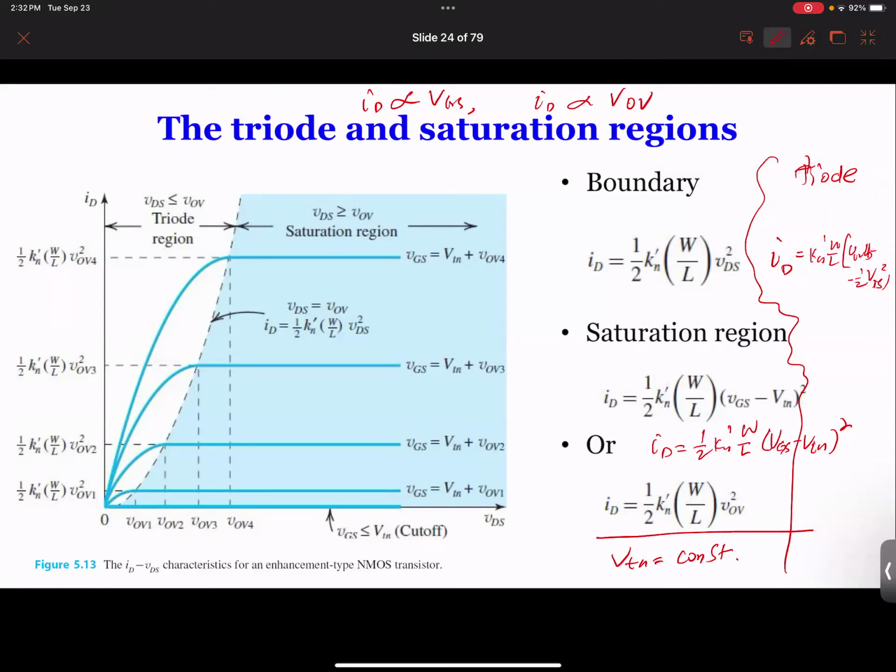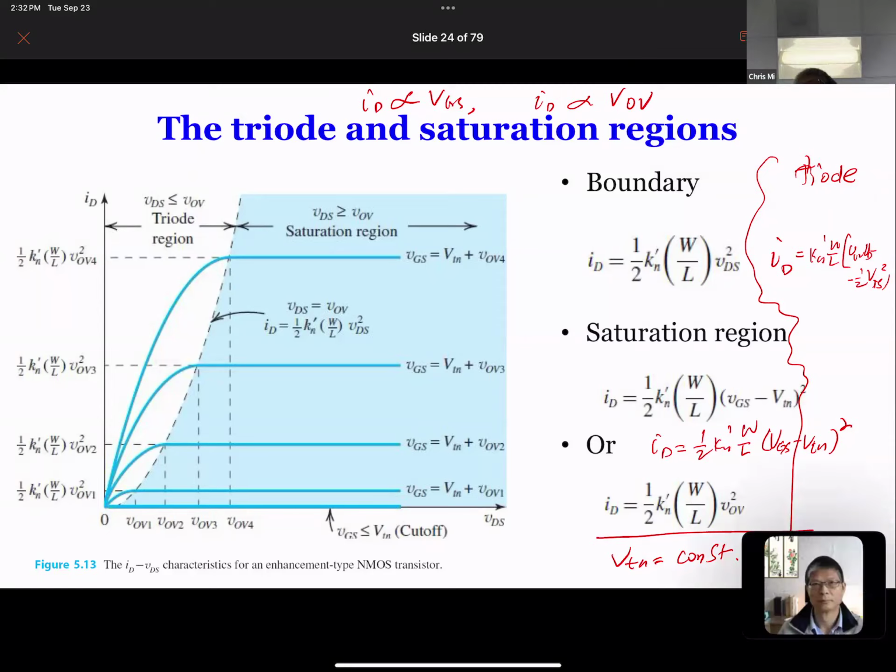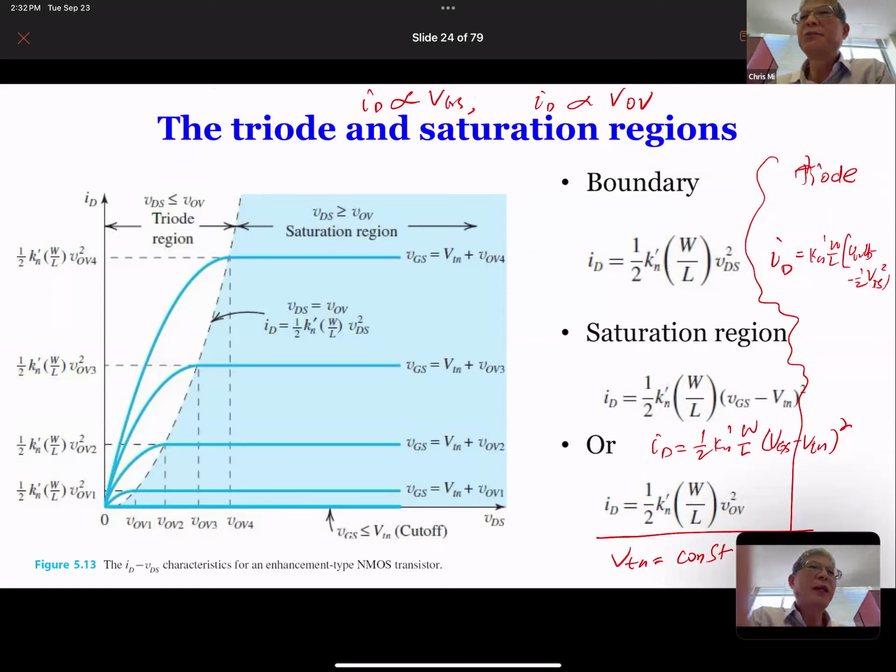So this diagram on the left hand of the screen shows very much how the current in a MOS circuit is related to the voltage. The circuit, I can draw just a little diagram of the circuit over here.